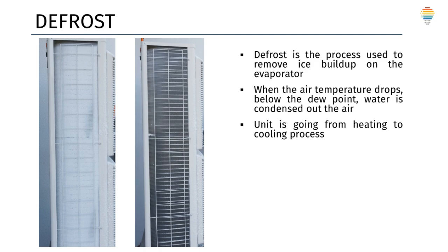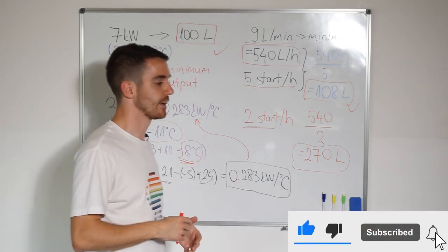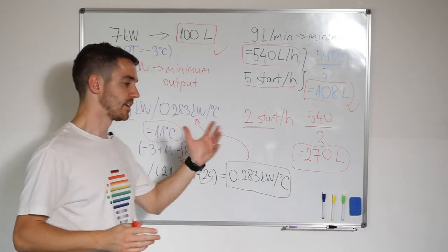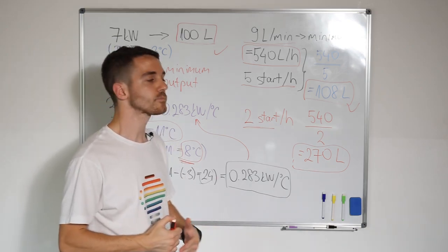Defrost is not the topic of this episode, but with a huge volume, your defrost cycle, when you have ice on the outdoor unit and you need to ensure that this ice will melt, works better. Enough volume means enough energy to do the cycle. With low volume, your defrost cycle will take much more time, and in that time you will not have heating or hot water, and your operation will not be stable.